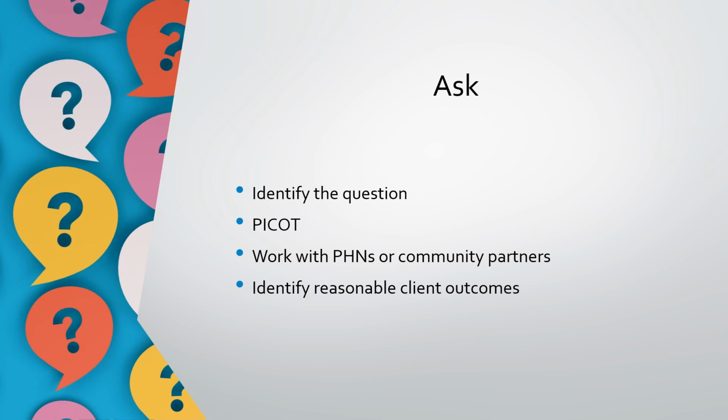We might work with other public health nurses or community partners to create specific practice questions. We can also identify reasonable client outcomes that we wish to achieve with modified or new best practice evidence. These are all the things that we need to think about when we're on the Ask.